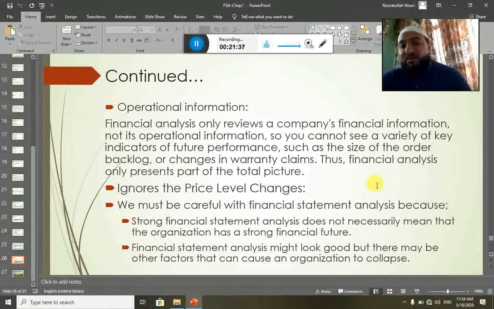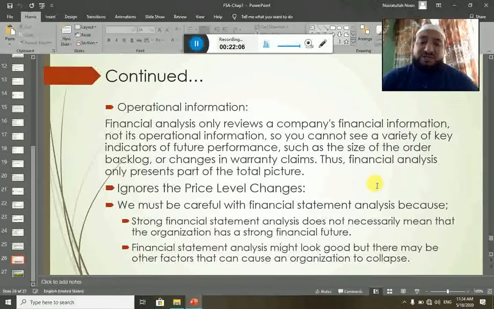Another limitation of financial statement analysis is that we do not take into account operational information of that company. We only focus on financial information, which is not good, right? So we have to be aware of the operational information as well before deciding and taking into account the results from the financial analysis.